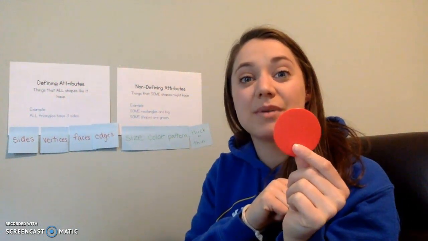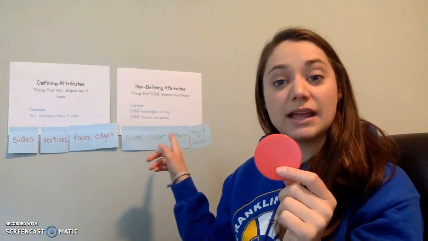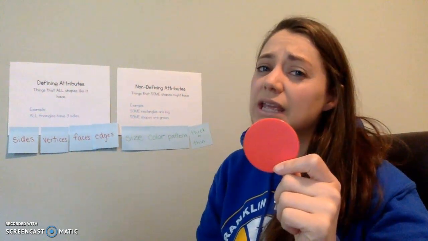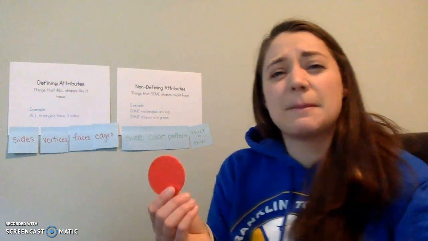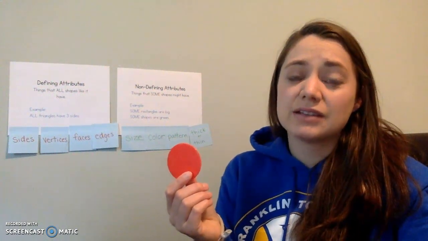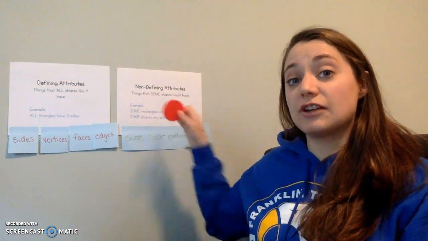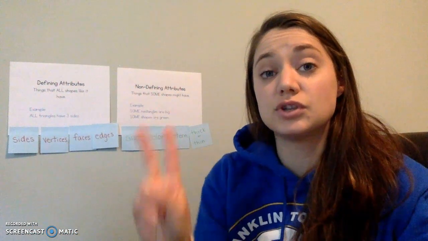So that's what I could say about my circle for a defining attribute. Now, if I look at non-defining, maybe I say this circle is probably medium-sized, and I could even say that it's thin. So I could say this is a medium-thin circle, and medium and thin could be my non-defining attributes of that shape.